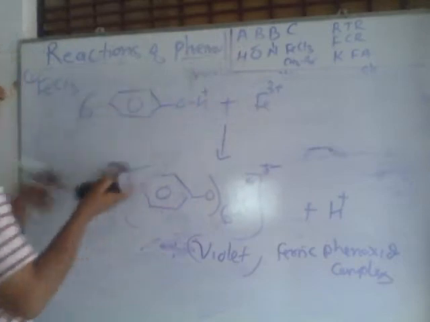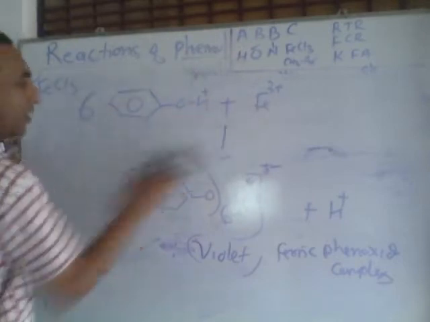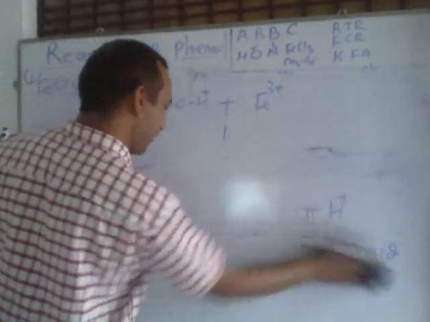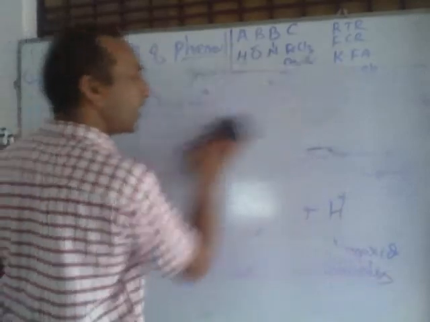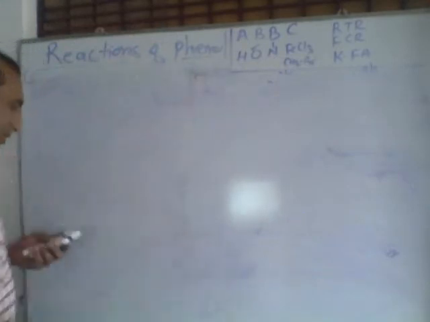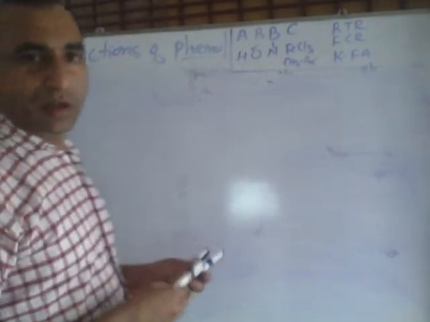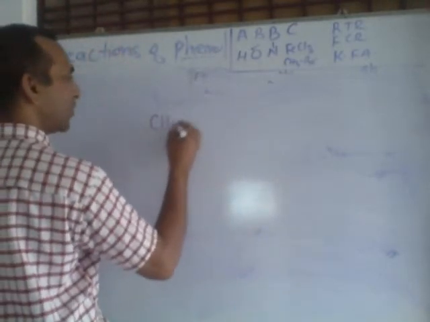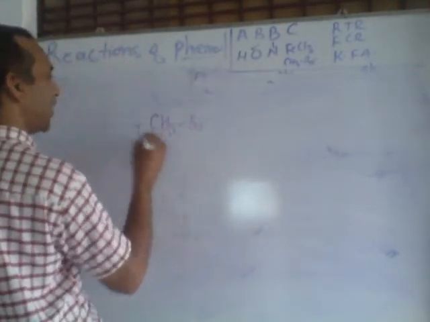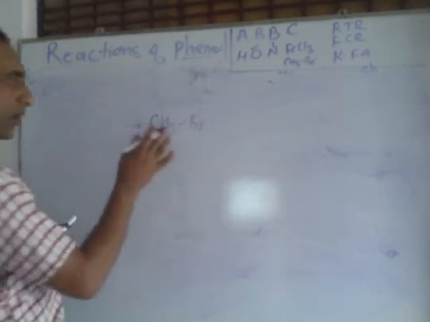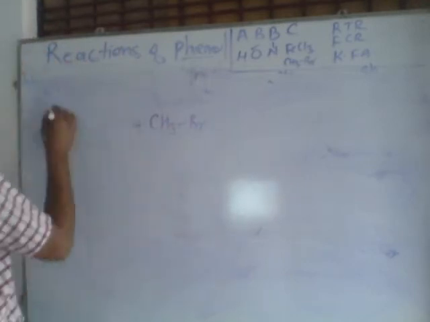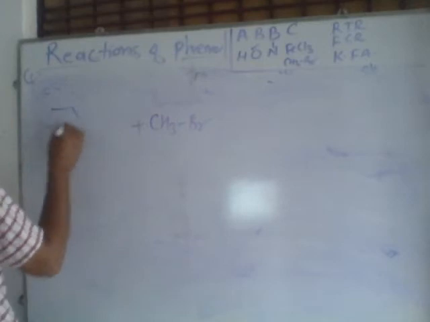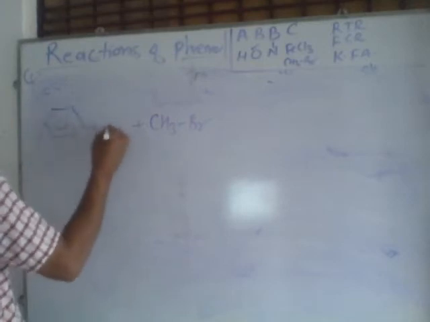One more thing: reactions of RX. RX are alkyl halides. So phenol does not directly react with haloalkane. Suppose this is CH3Br; we are reacting with CH3Br. It will not react directly. So for reacting, we should take its sodium salt.